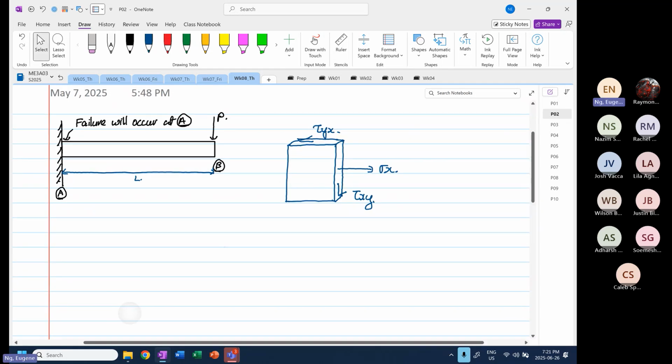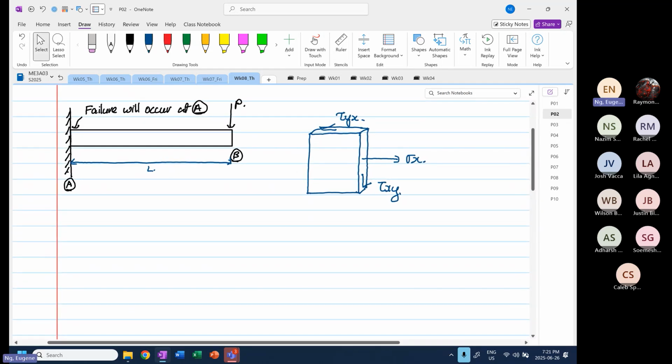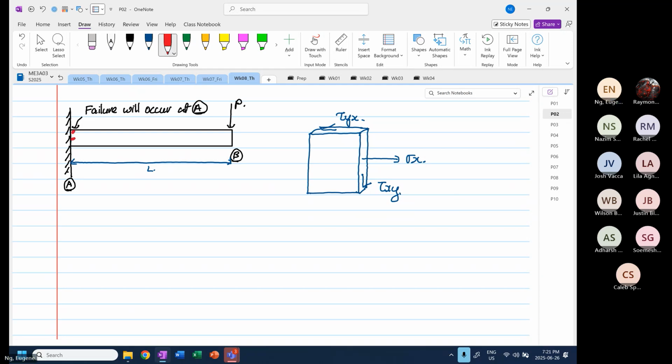Now, if we were to have different positions of the element, we have position I, J, K. So this is our position I, position J, and position K.